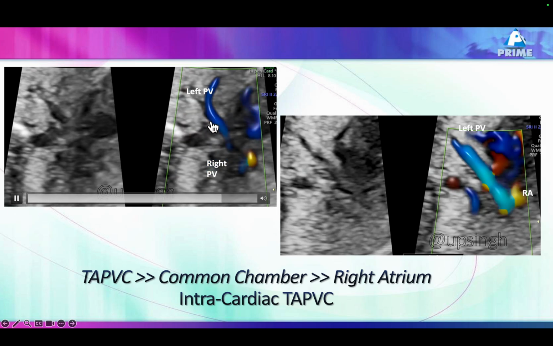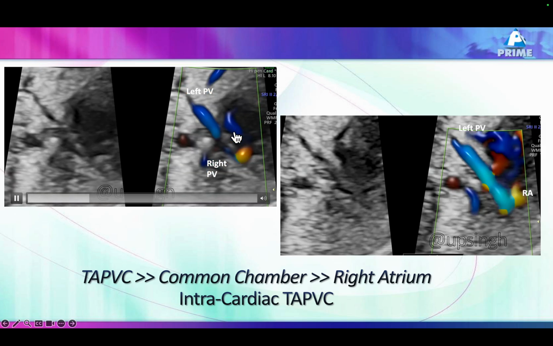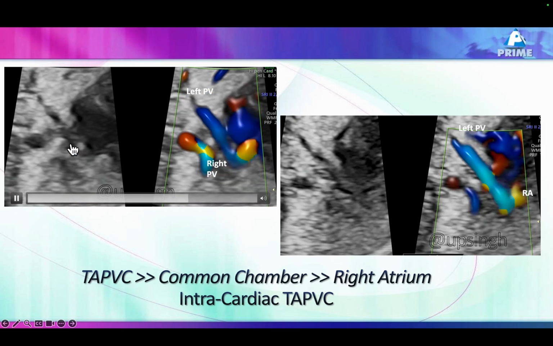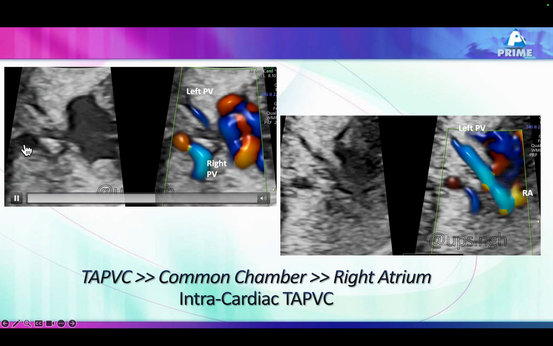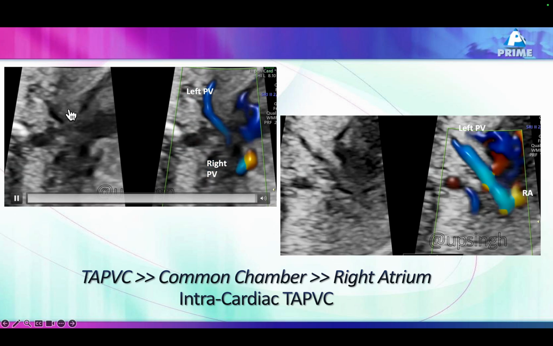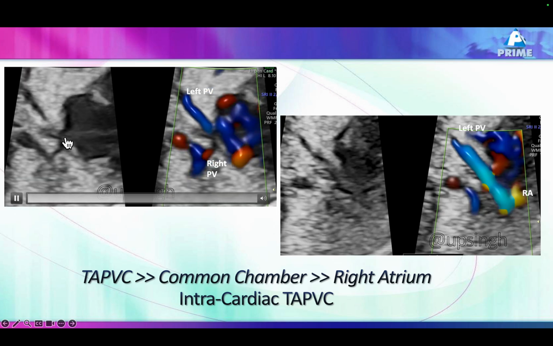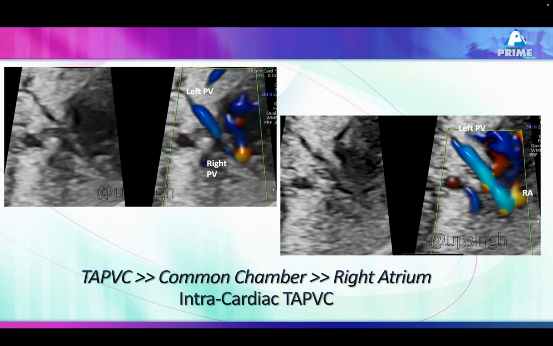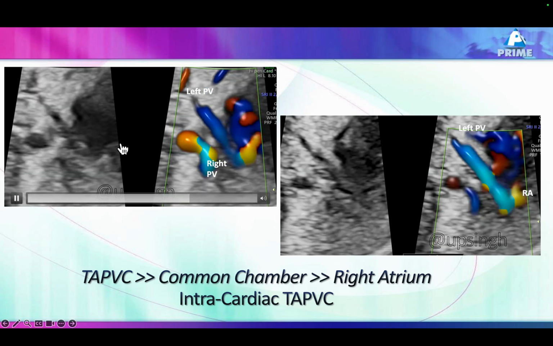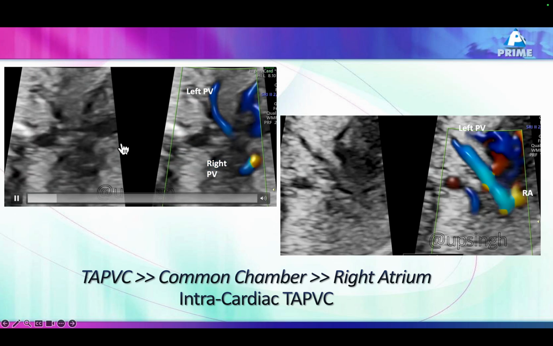They pass across the left atrium, forming what we call a twig sign on this side, and you see the distance between the aorta and left atrial wall is increased. All are markers of TAPVC, total anomalous pulmonary venous drainage.